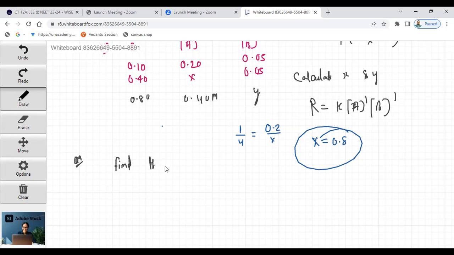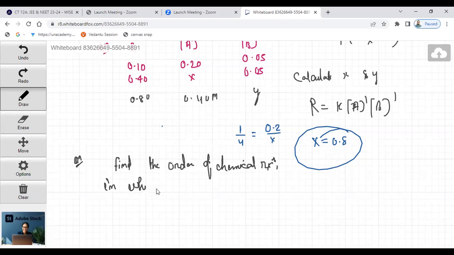Find the order of chemical reaction. Order of chemical reaction. Reaction in which the rate of chemical reaction is independent upon concentration.